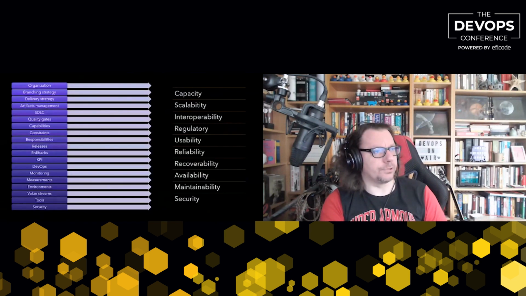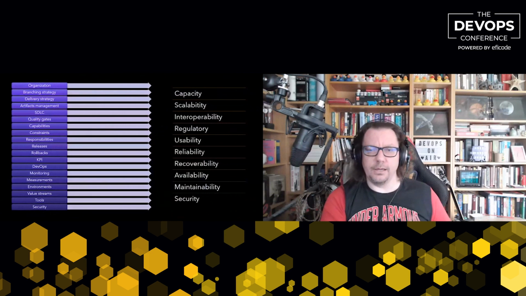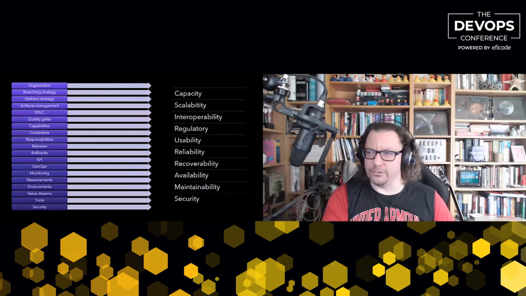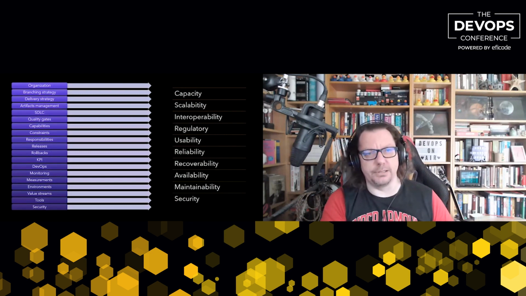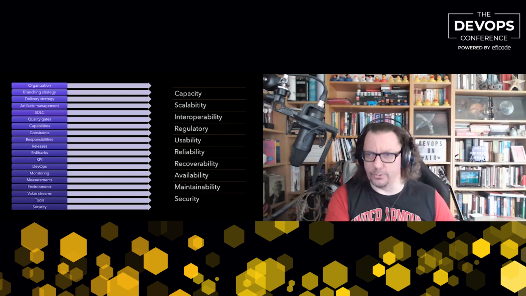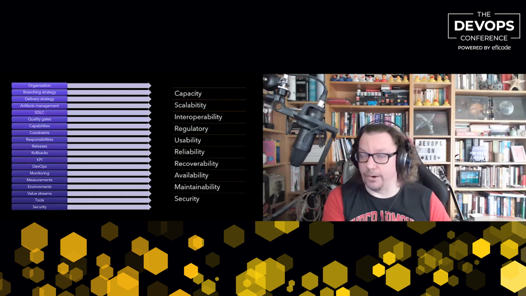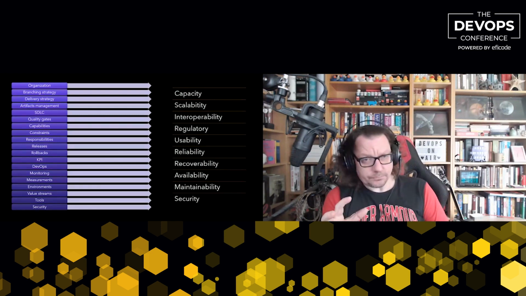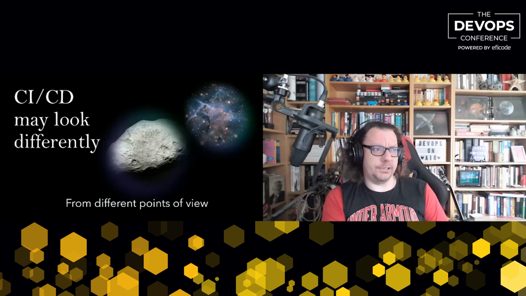Because all of those things like organization, branching strategy, SDLC, etc., everything leads into the quality attributes from the architecture perspective, like capacity, scalability, all these abilities which we talk about when we discuss architecture, right? And this is the point, that CI/CD may look completely different from different points of view.